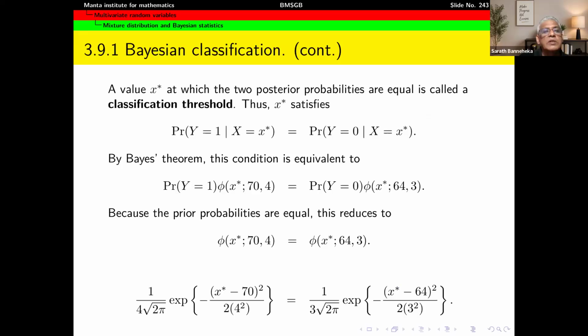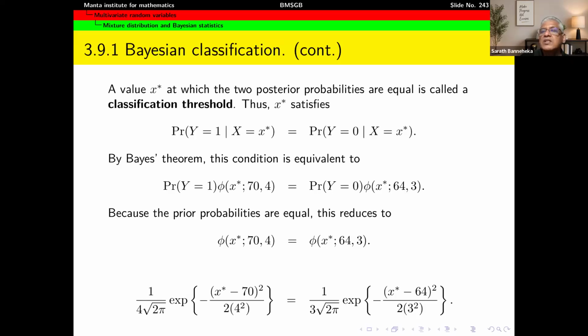Now about the classification threshold. So what do we mean by this classification threshold? Classification threshold is some value, say x star, at which the two posterior probabilities are equal. Right. So here we were looking at when x equal to 68.